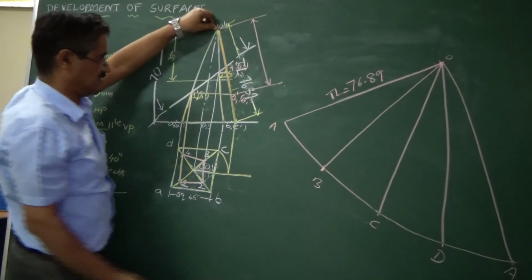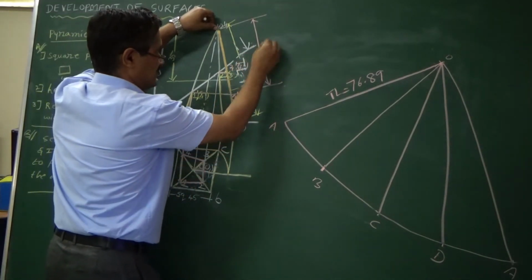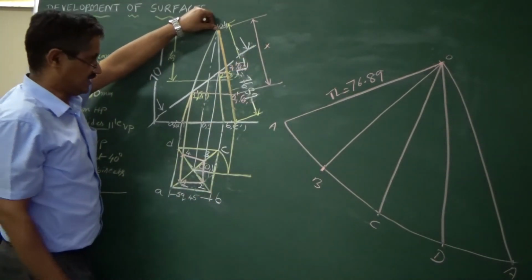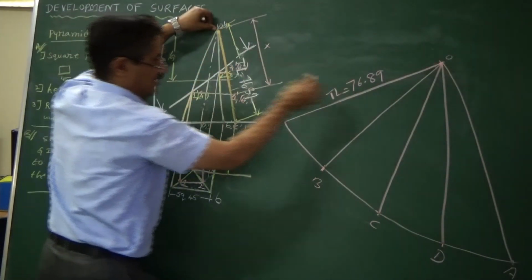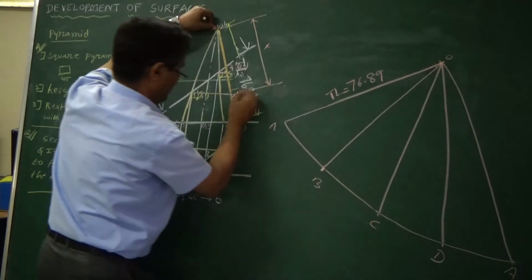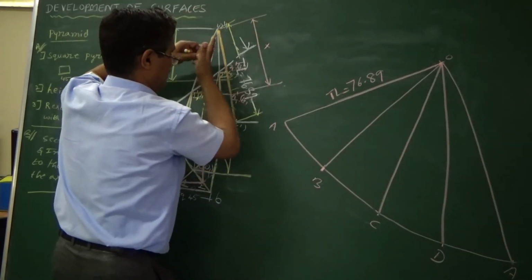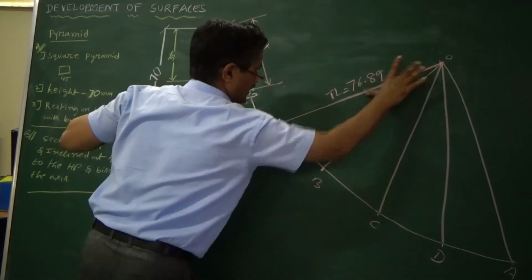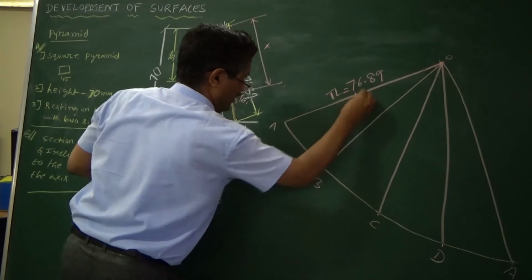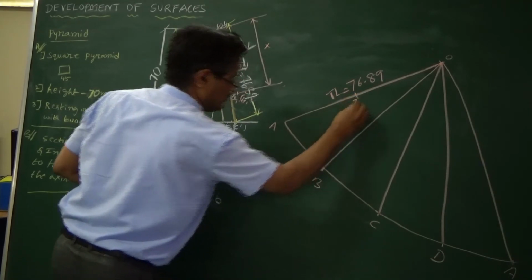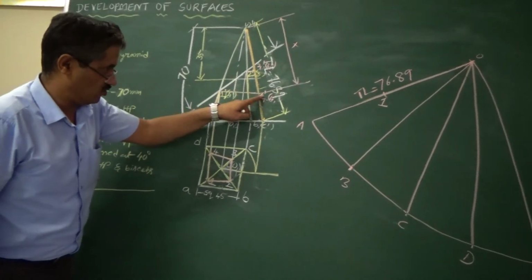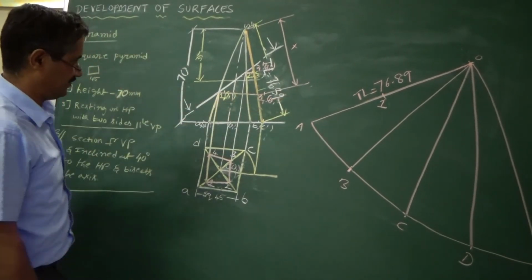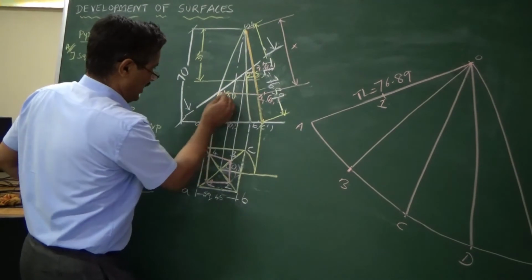I don't know this distance. Let me say X now. So, this X distance will be marked from O because I am taking from here on this. So, for example, let me just approximately take like this. So, I will mark my point here and I represent this as 1. So, that is this point transferred to the true length. From the true length line I am transferring it. So, now I have done this.